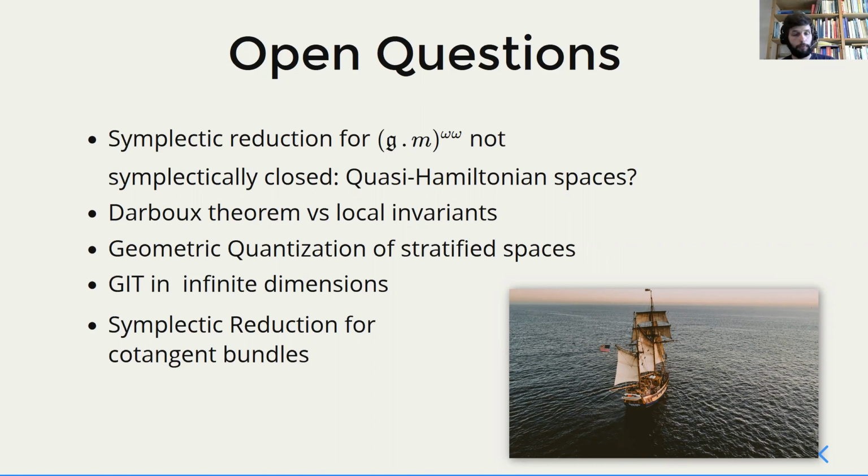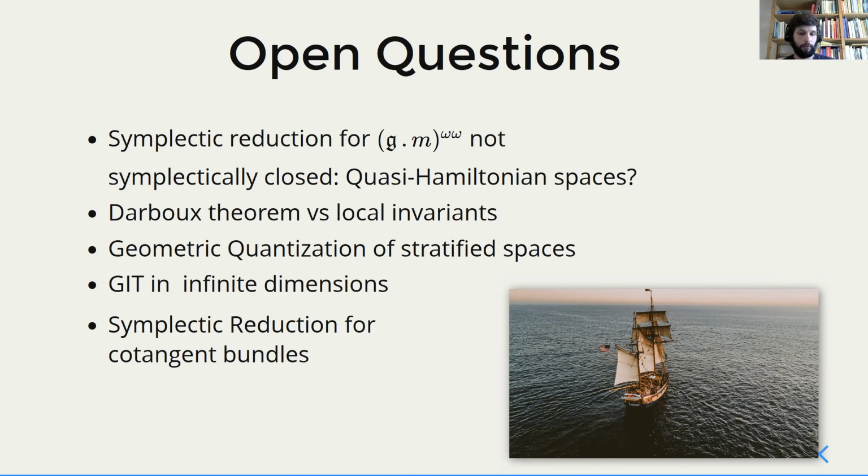In a similar vein, it would be interesting to study this picture of geometric invariant theory, which is the algebraic dual point of view of symplectic reduction, also in infinite dimensions. And there are some nice applications in geometry, in particular to Kähler geometry, which is essentially in the work of Donaldson.